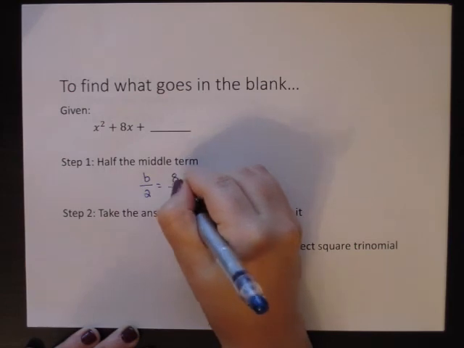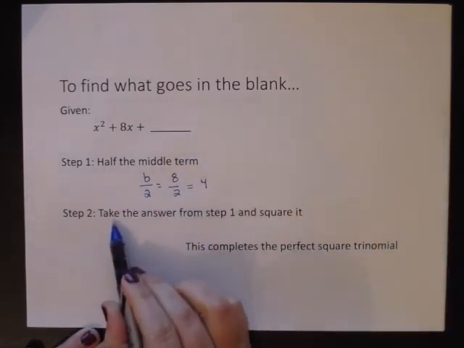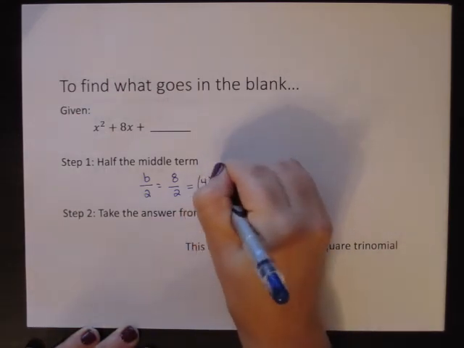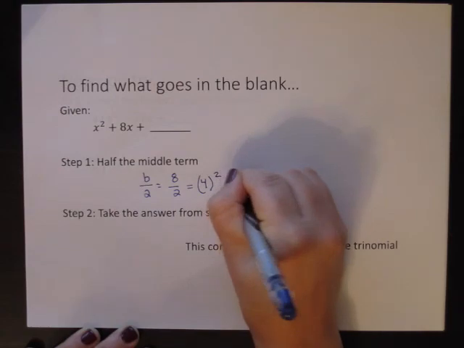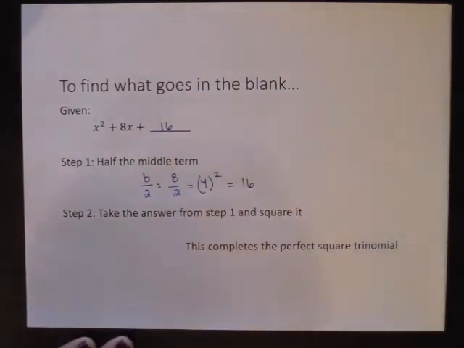Alright, so 8 divided by 2 would leave me with 4, and then take the answer to step 1 and square it. So then we're going to take this value and we're going to square it, which should leave me with 16. So what goes into the blank is the 16.